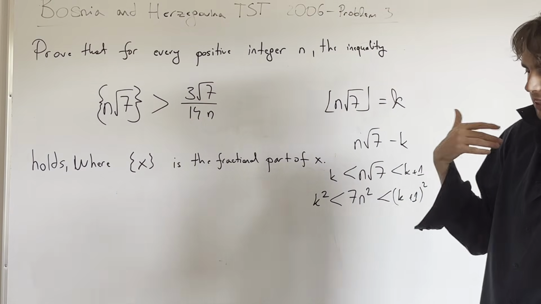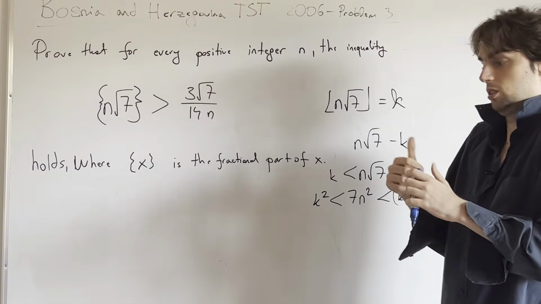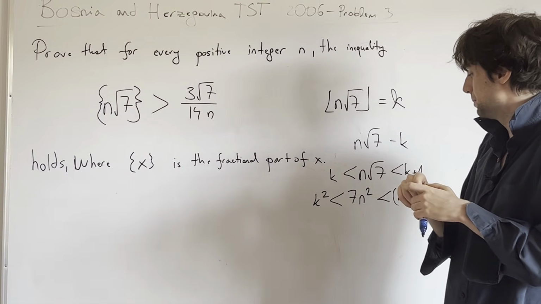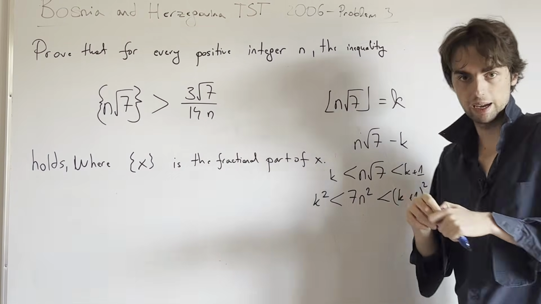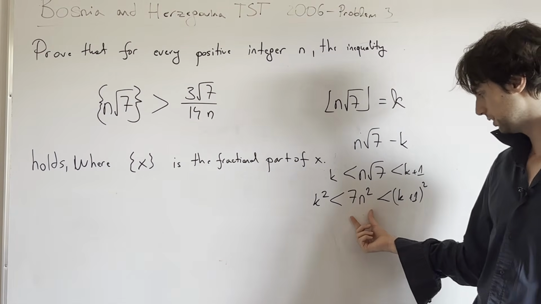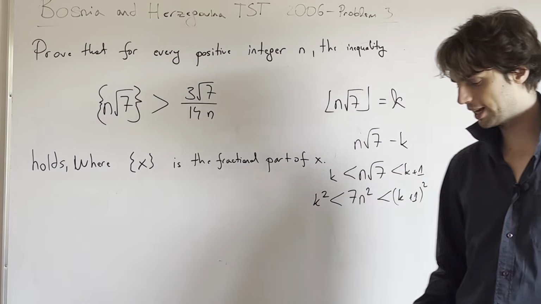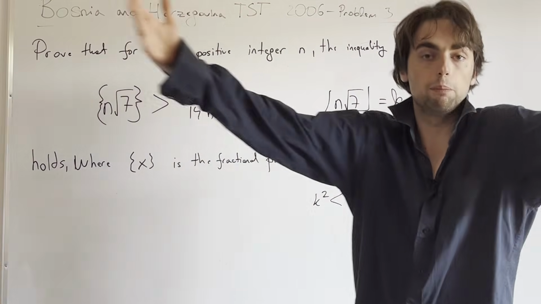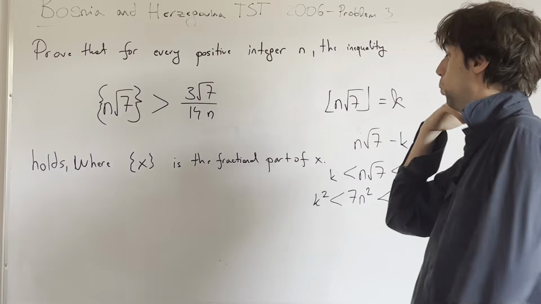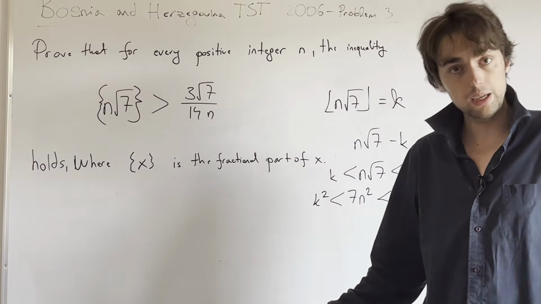Does k have some properties that could give us some estimate as to what this might be? For example, 7n squared is greater than k squared. But 7n squared is k squared plus something, right? And the question is, what is that something going to be?